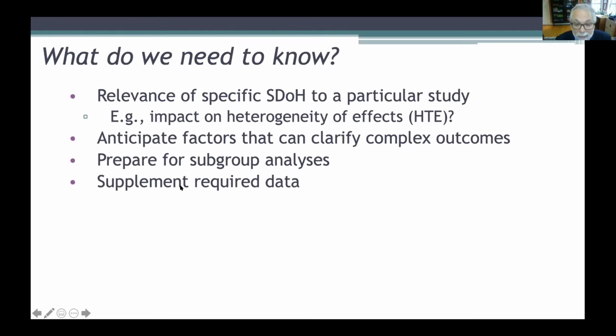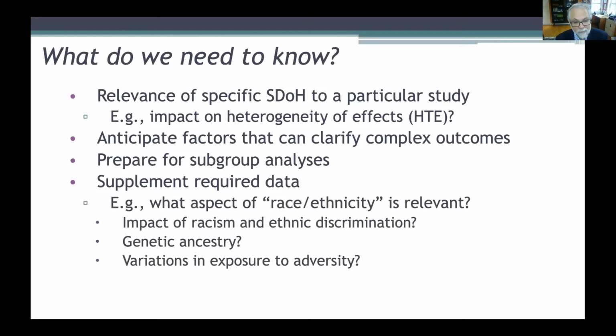And particularly if you need to supplement certain required data that might show results which are not easy to understand without additional information. For example, if you click again, race ethnicity is often associated with differences in treatment effect or other variables in studies. But what is it about race ethnicity that is causing these differences to arise?